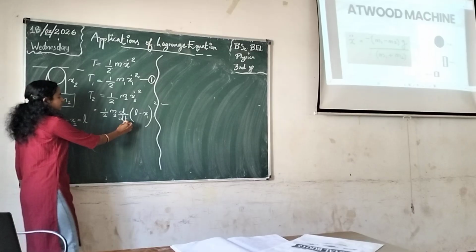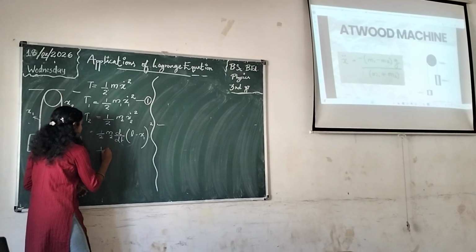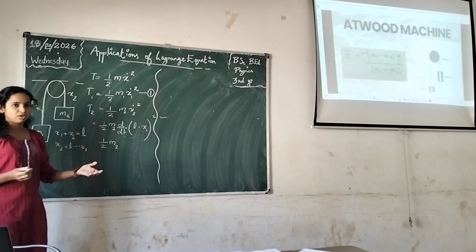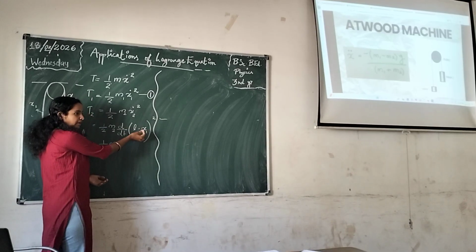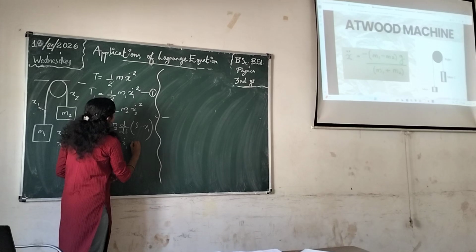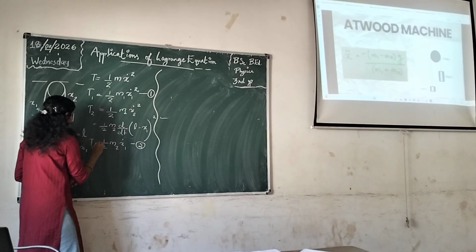When I differentiate, L is a constant, so it will be 0. Then we have d by dt of x1, so it will be x1 dot. This is our T2. So we got T1 and T2.